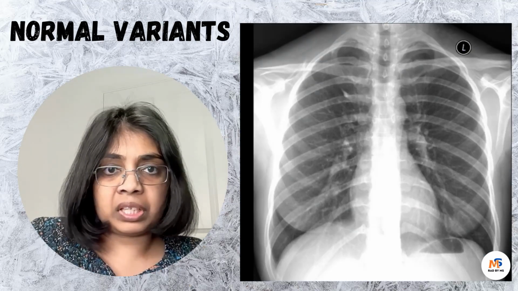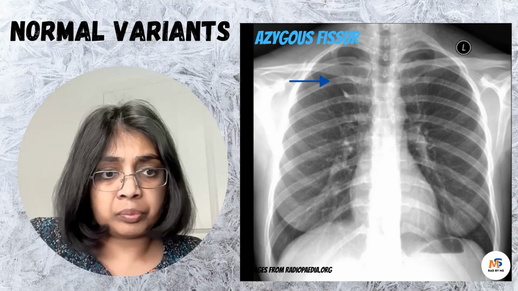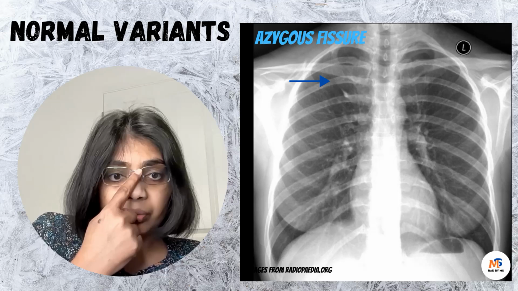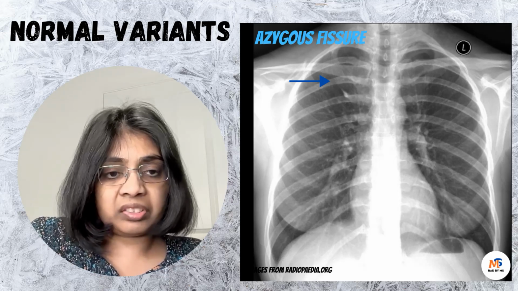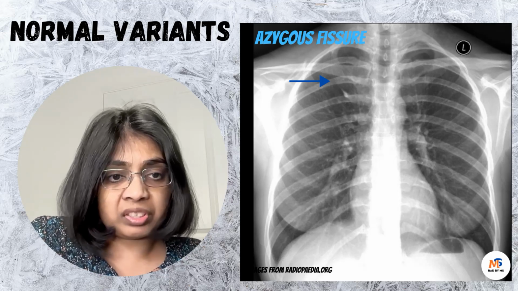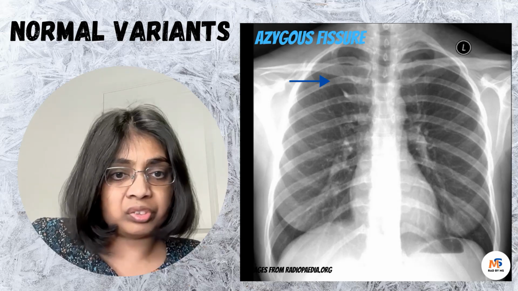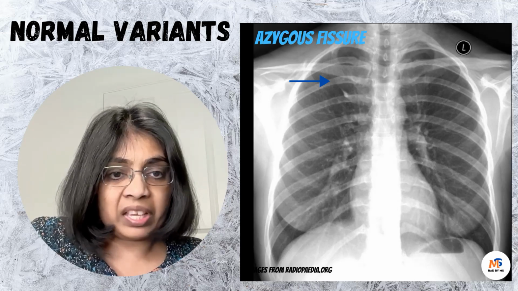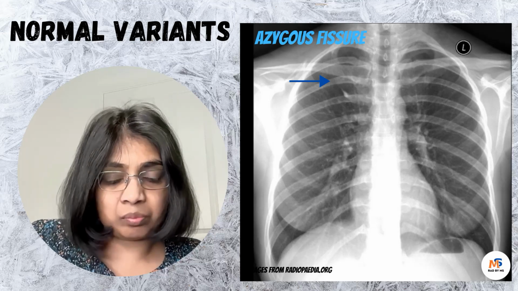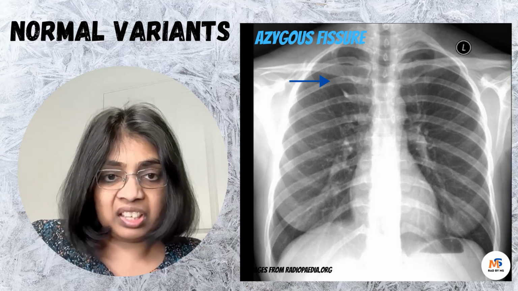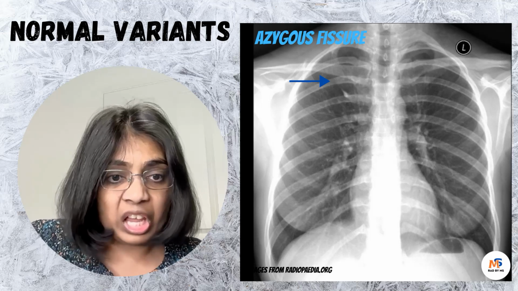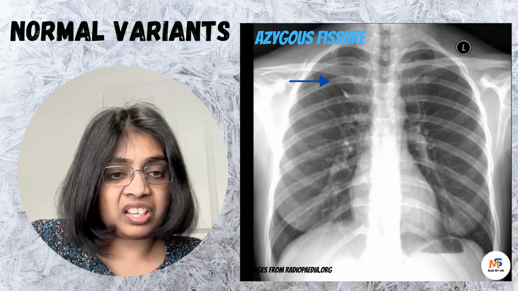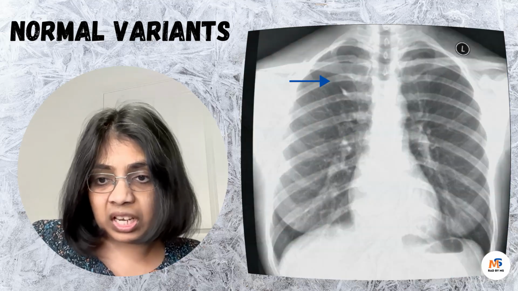It is typically seen in approximately 1 to 2% of chest radiographs. The azygous vein, which is lined by visceral and parietal pleura, lies in the base of the fissure, and sometimes it can actually create an azygous lobe as well. Typically, the azygous fissure has a tadpole shape.